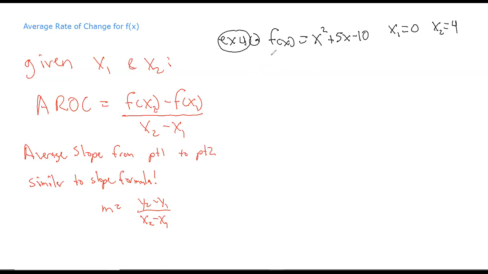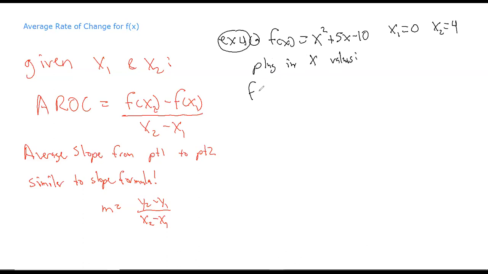So we are not finding the slope of this function. We're finding the average slope specifically from 0 to 4. And if I pick any other 2 numbers, the average slope is likely to be different. Okay, so the first thing we have to do is plug in the x values. So many people forget to do this.